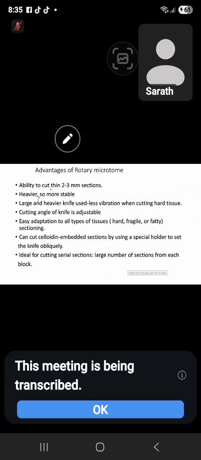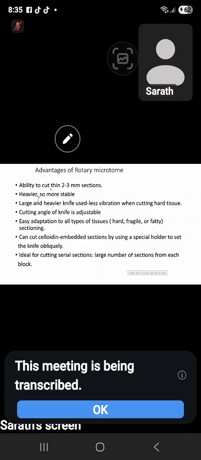Advantages of the rotary microtome: ability to cut 2 to 3 micrometer sections; heavier, so more stable; large and heavier knife used, less vibration when cutting hard tissues. Cutting angle of the knife is adjustable, easy adaptation for all types: hard, fragile, or fatty.